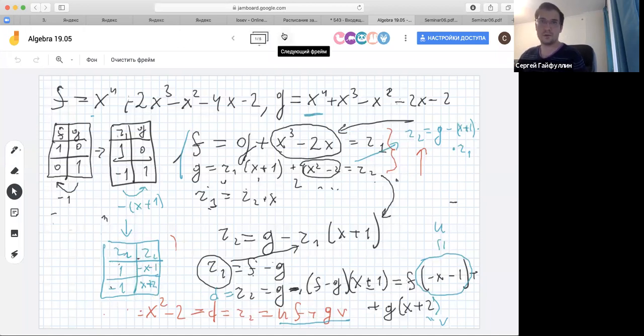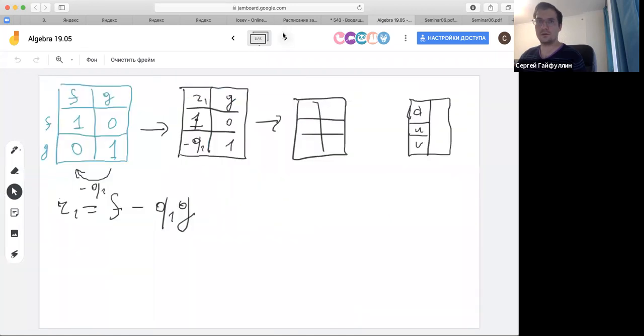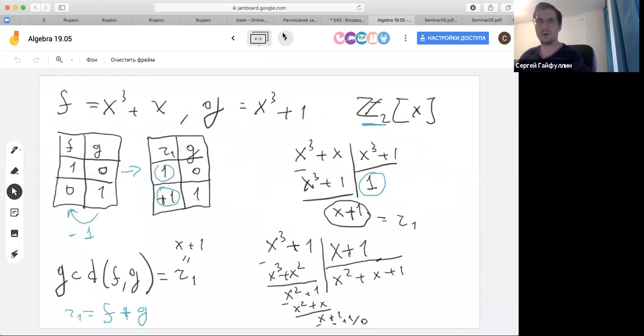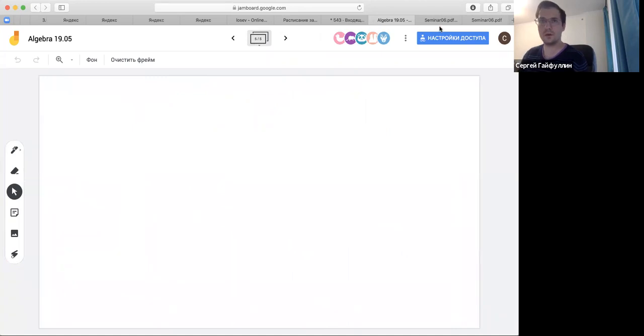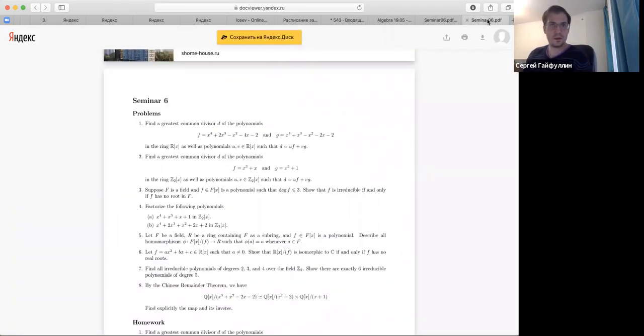Okay, let us proceed with number 3, it seems to me. Number 3, we have F is a field, and we have a polynomial with degree not greater than 3.